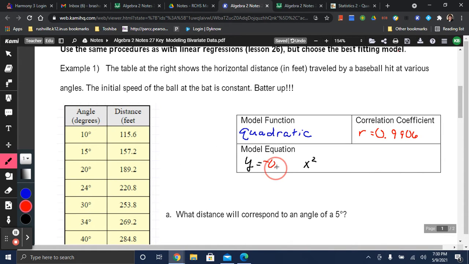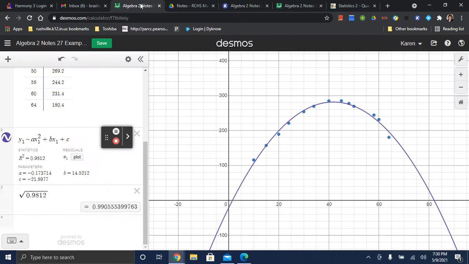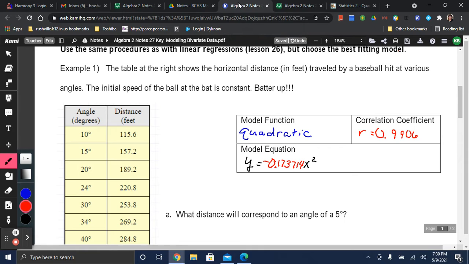Then B is 14.5212, so we'll add on 14.5212 and then put our x.